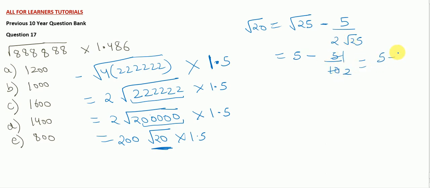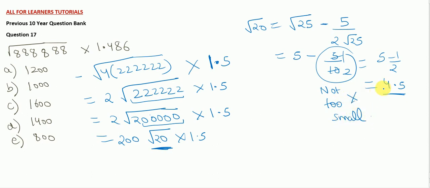Okay, 5 minus half comes out to be 4.5. Why have I not ignored this part here? Because this is not too small. It is not actually too small, so please don't ignore. Just take the calculated 4.5. So you have to always take care of all the things which I have told you.